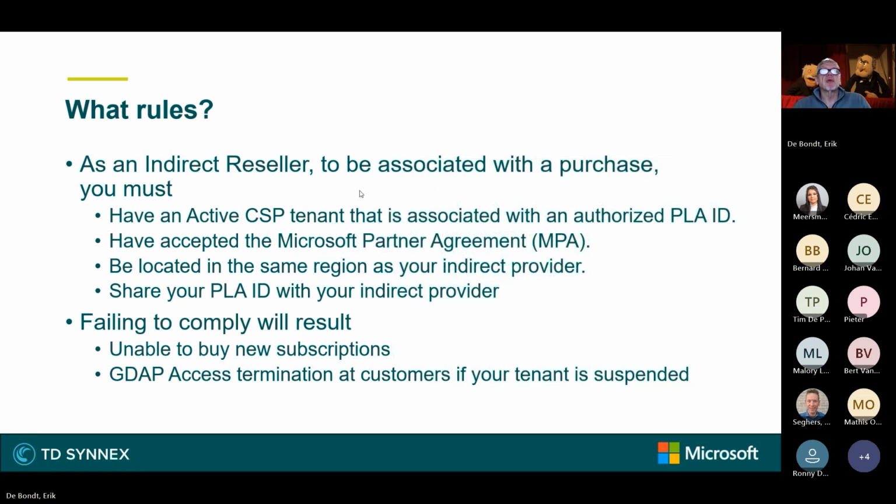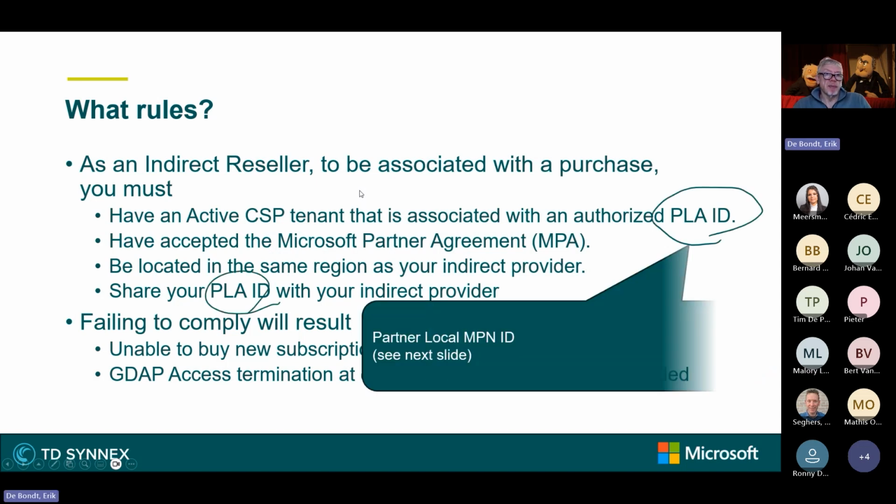The third thing is the PLA, the partner local MPN ID or local ID, which I will come back to in more detail later. You have your MPN ID, you have multiple MPN IDs, everyone has multiple MPN IDs, and basically what we need is the PLID that is associated with your CSP program.